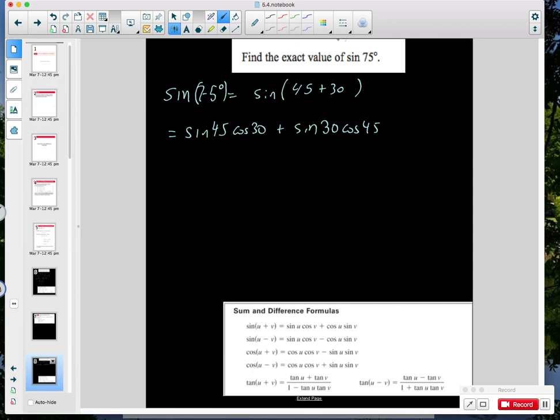So sine of 45 is root 2 over 2. Cosine of 30 degrees is root 3 over 2. Plus sine of 30 degrees is 1/2, and then cosine of 45 is root 2 over 2.